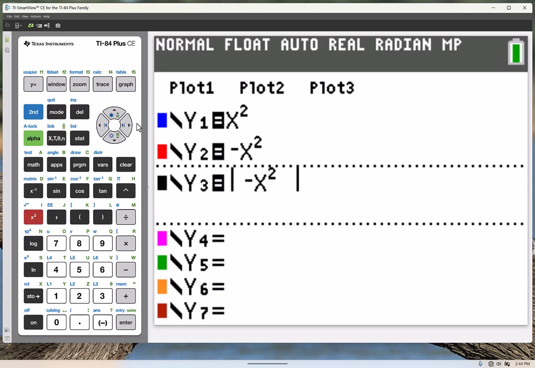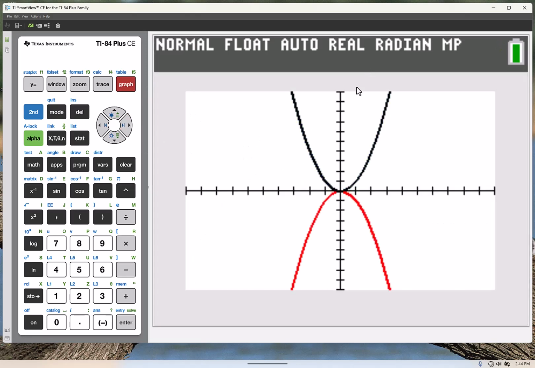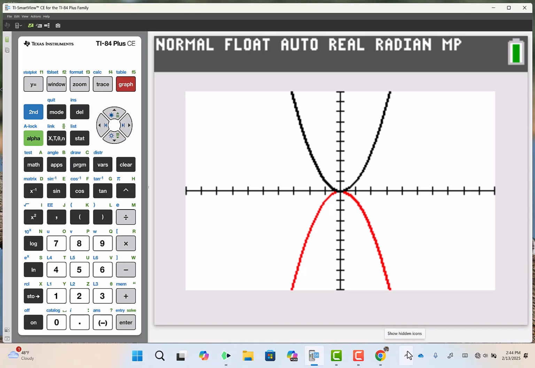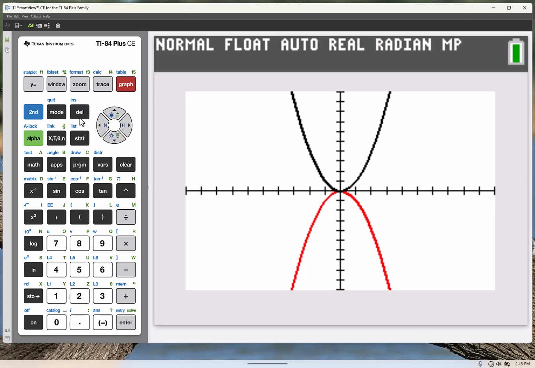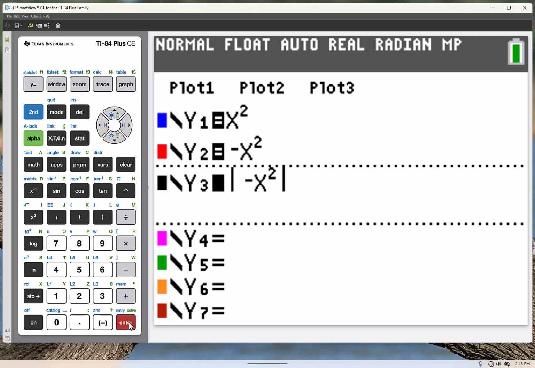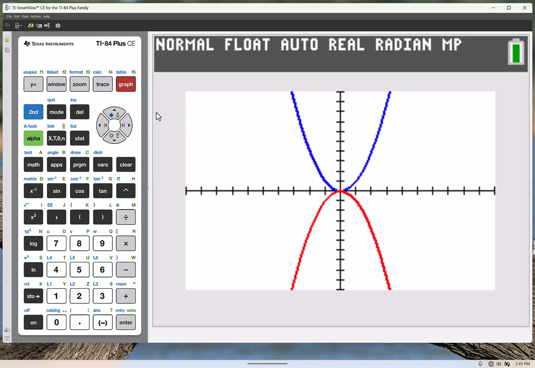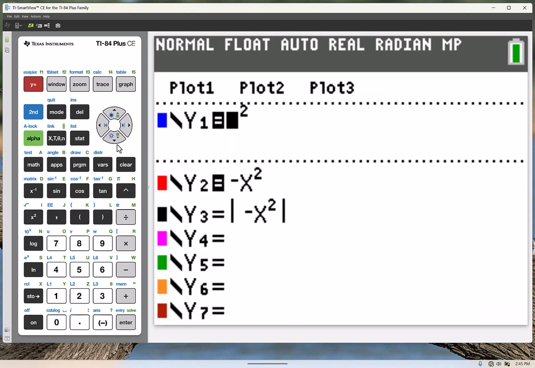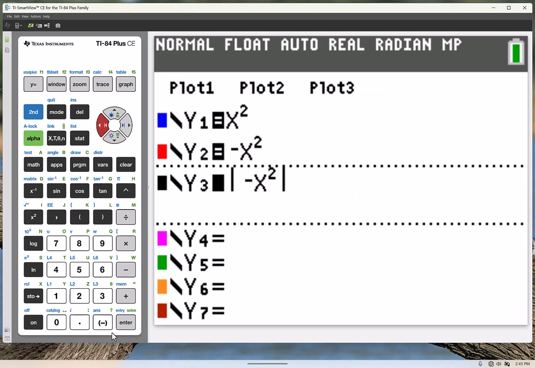Do you see how I'm putting -x squared in there? It's a black one. So blue, red, black graph. Blue, red. Oh, look at that. Cool or not cool? It did it so fast. I'll turn off the black one. There's the blue one right there. And if I turn on the black one, it's going to overlay the blue one. So it's doing it really fast.